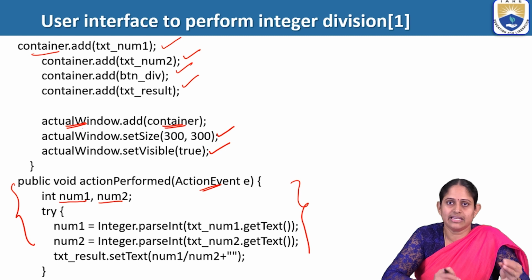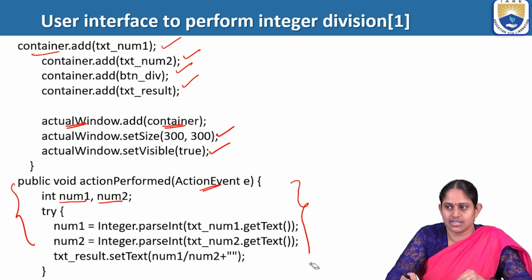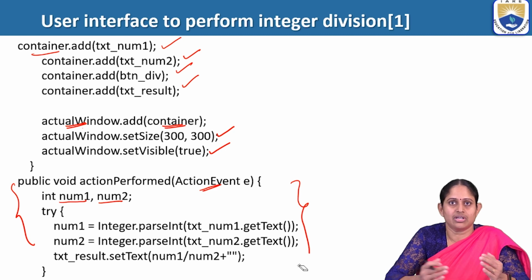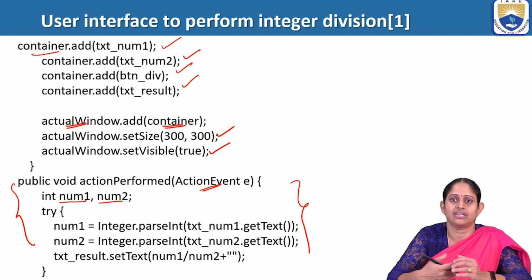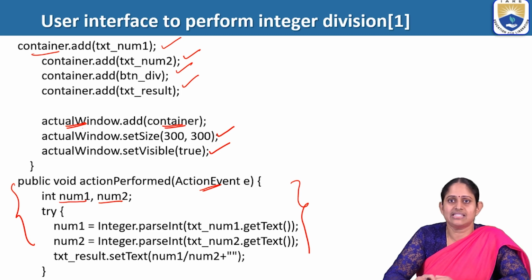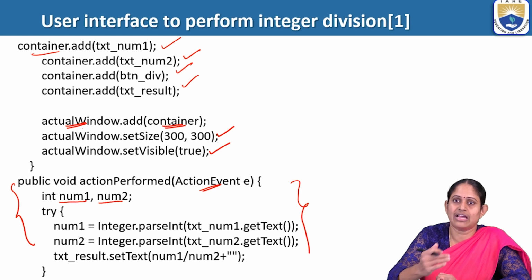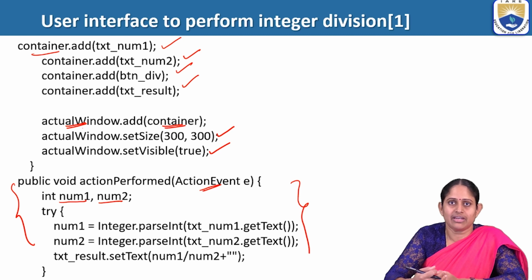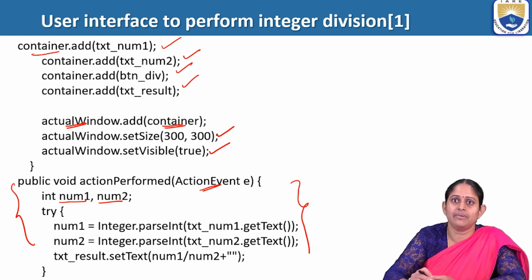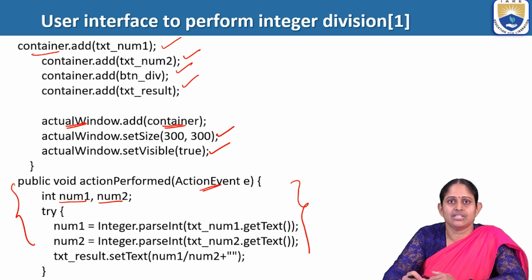If it is an integer, we convert it into integer; if it is a float value, we convert it into float. In our example, we are taking only integers and performing integer division, so the value which we give there should be converted into integer from string. That string has to be converted into integer.